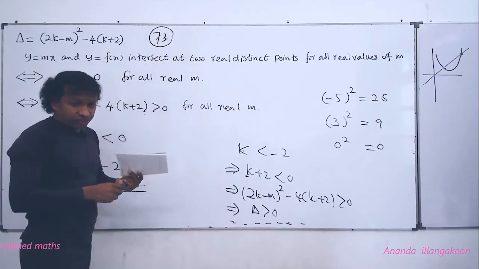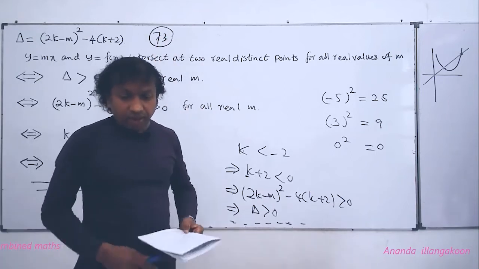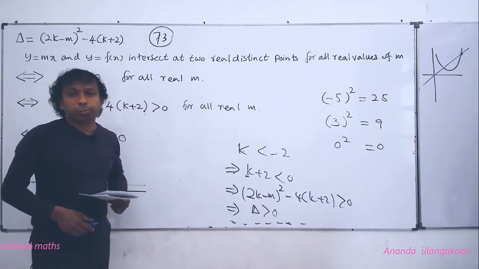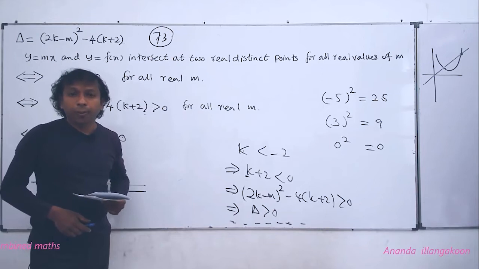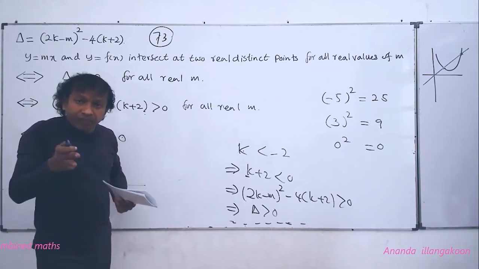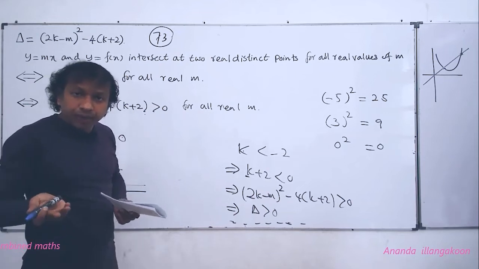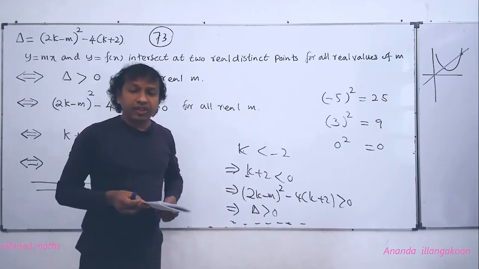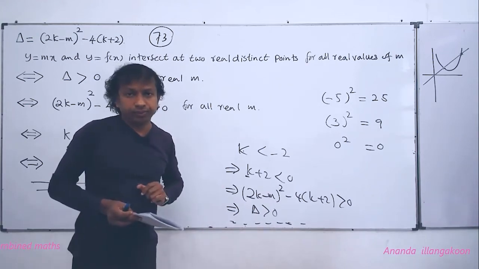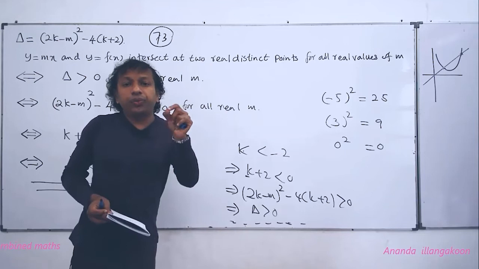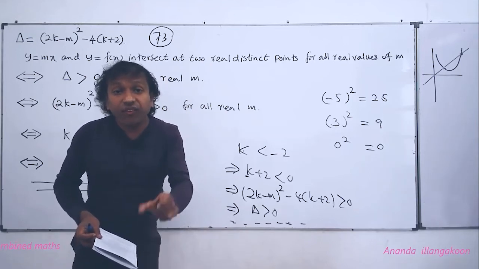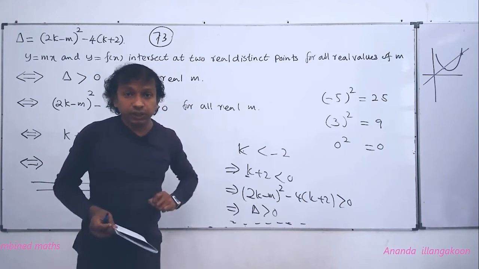Take question number 73. Here it asks a question: deduce. Deduce means, people, prove. But whenever you have deduce, in the previous part of the same question you have obtained a particular result. That result you have to use to prove the next one, when the word deduce is given there.